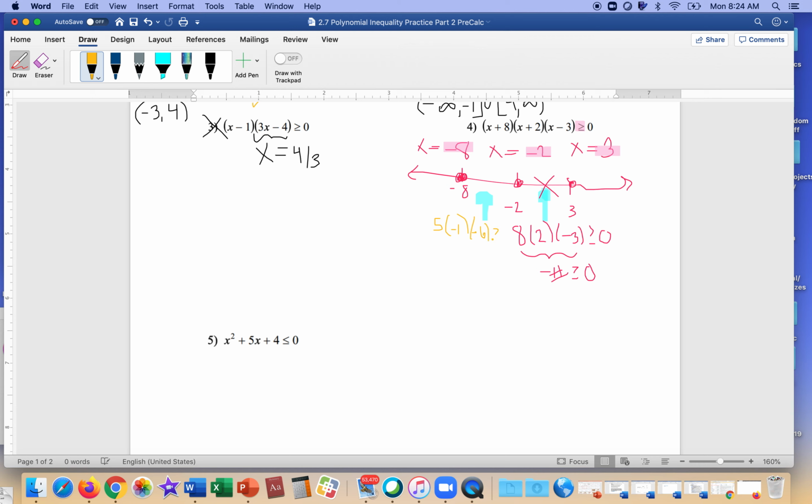And let's see what we get. So I have 5 times -1 is -5. -5 times -6 is 30. And is 30 greater or equal to 0? Yes. So we have solutions in this region.